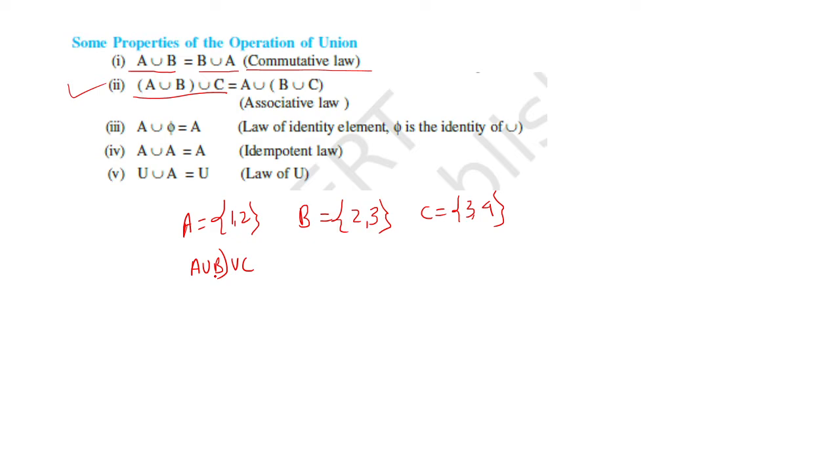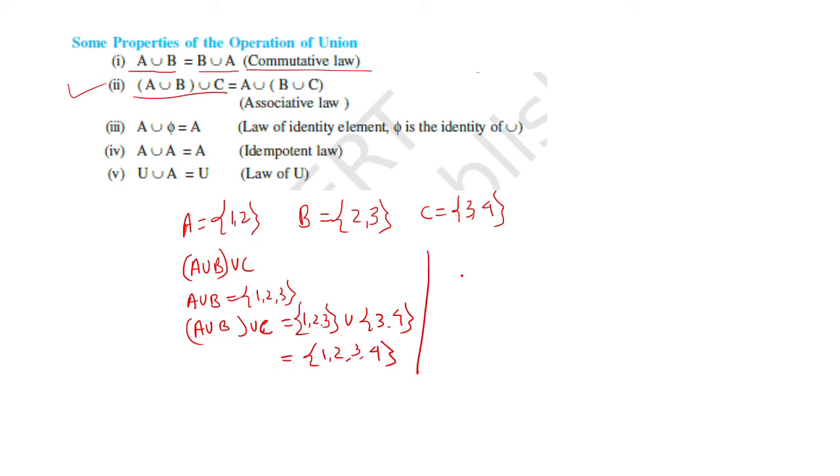So A union B will be {1, 2, 3}, and after that you do union with C, that is {1, 2, 3} union {3, 4}. This is {1, 2, 3, 4}.